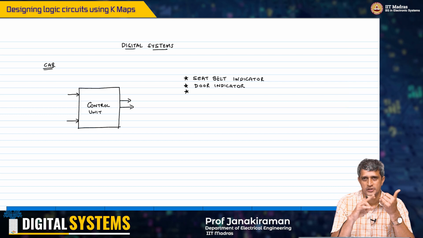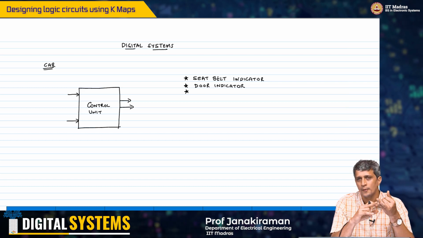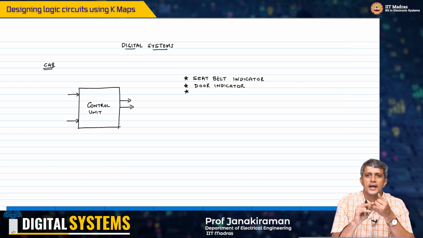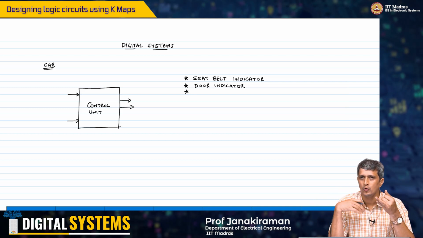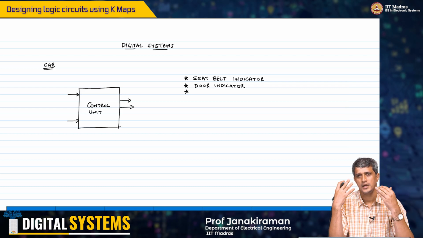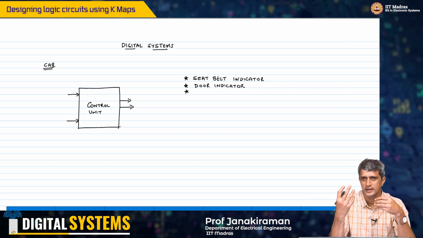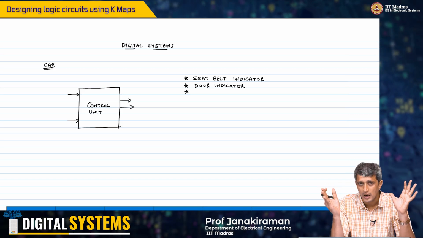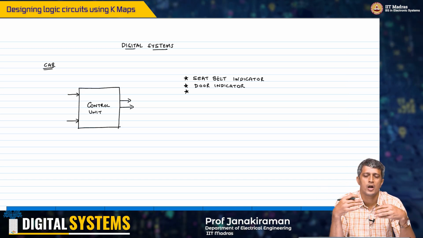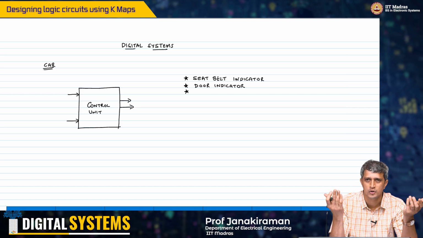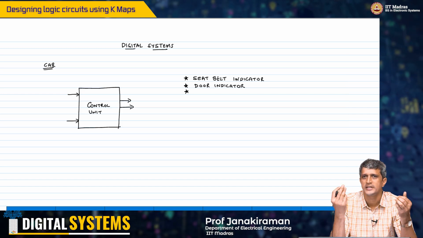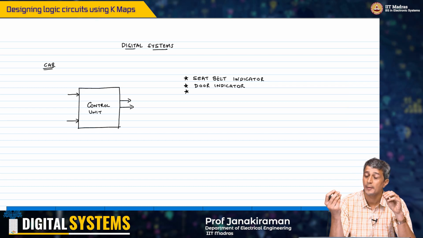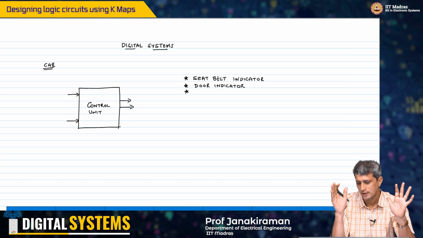So this is the first thing. Second, if any one door is open, then you will have to indicate that some door is open. There is an LED that will glow in the car which says some door is open, and it's up to the driver or whoever is in the car to figure out which one is open and shut it. You just need an indicator to show that a door is open.